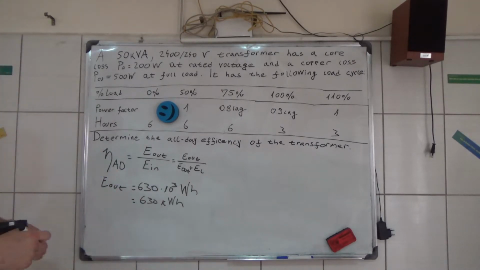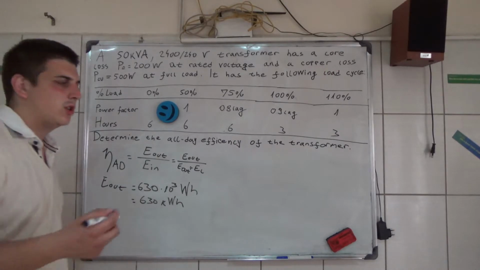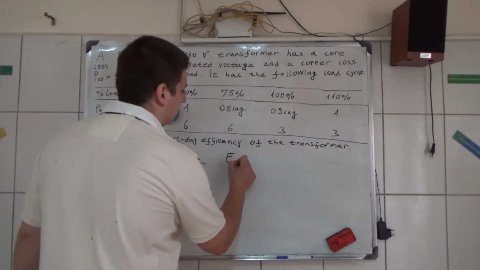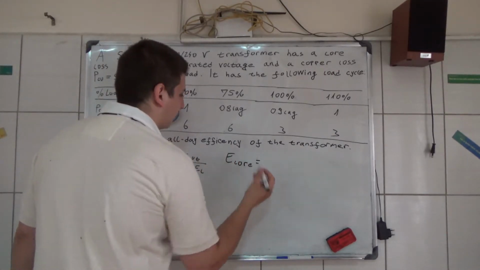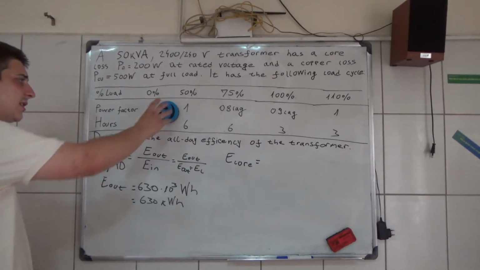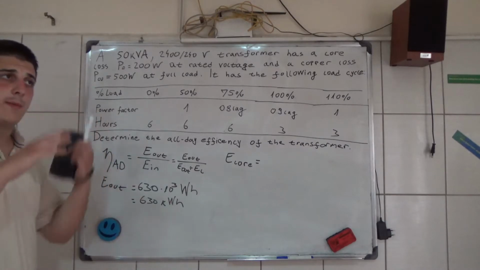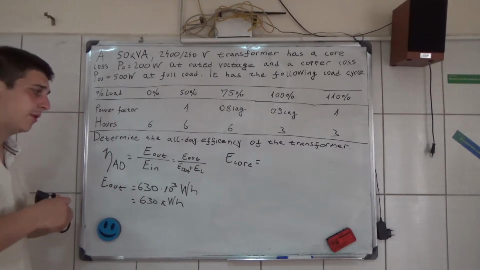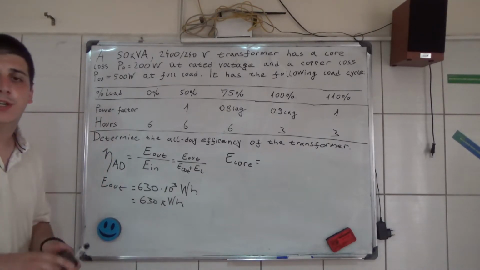Now we are going to calculate the energy losses in the core. That is very easy. If on the primary side of the transformer you have a constant voltage.